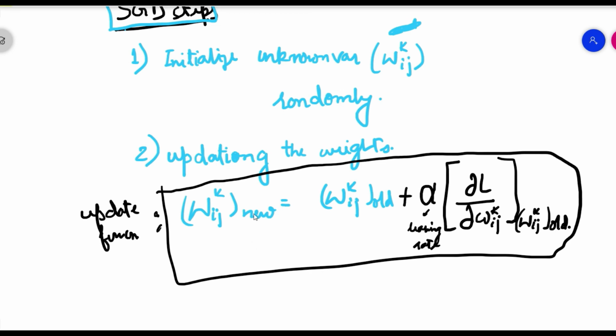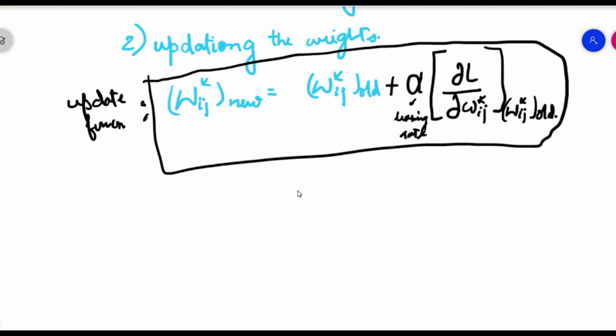So let's move to the third step in stochastic gradient descent. First, initialize the unknown variables, which are the weights, randomly. Then update the weights using the update equation. And the third step is to continue the weight updation until convergence.